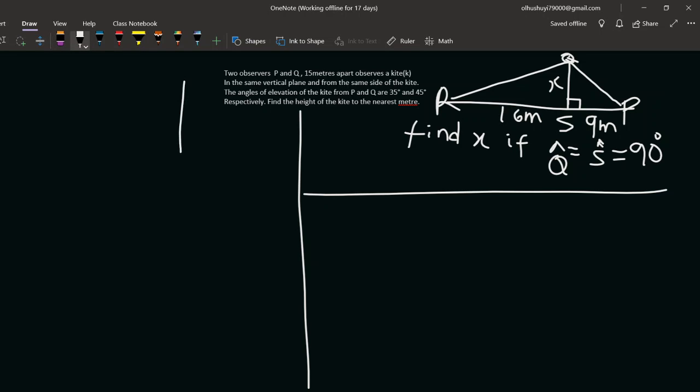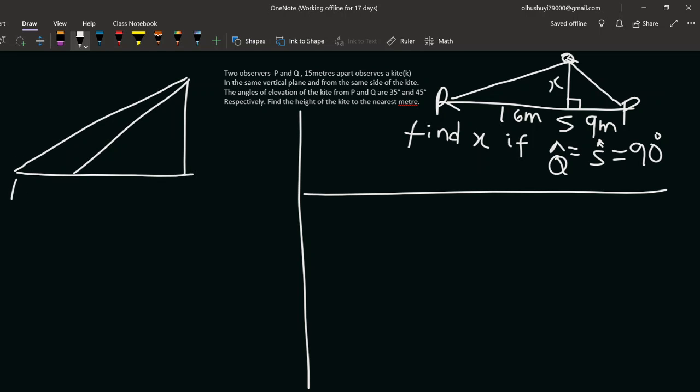So this is P. This is Q. And this is where the kite is. This is 35. This is 45.